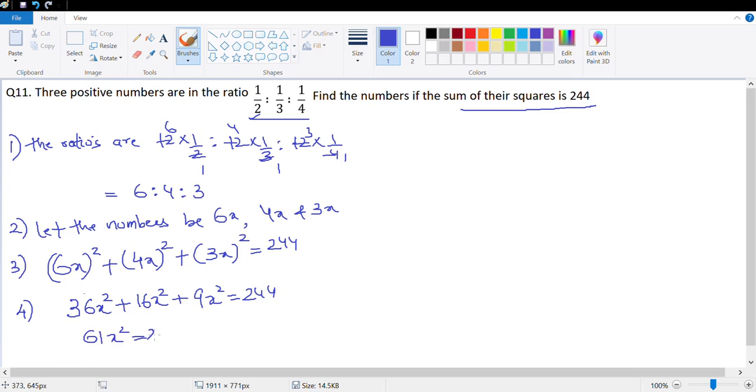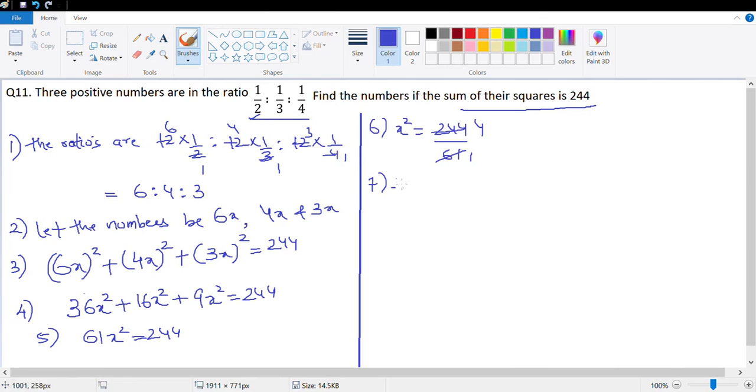61x square is equal to 244, which means x square is equal to 244 upon 61, that's 4, which means x is equal to plus minus 2. Now since numbers are positive, therefore x is equal to 2 only.